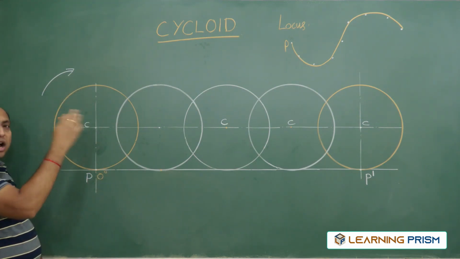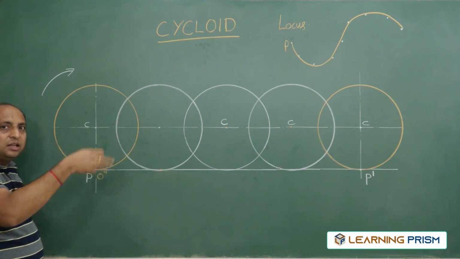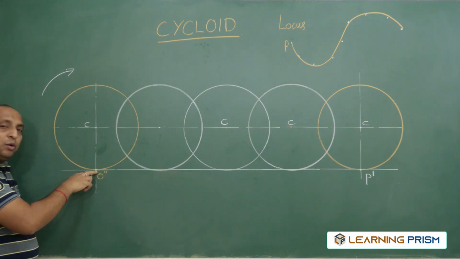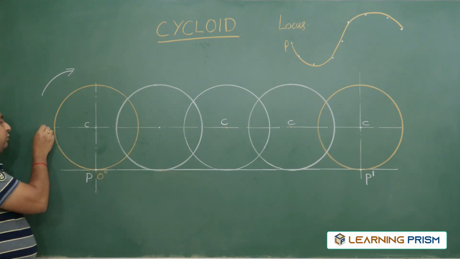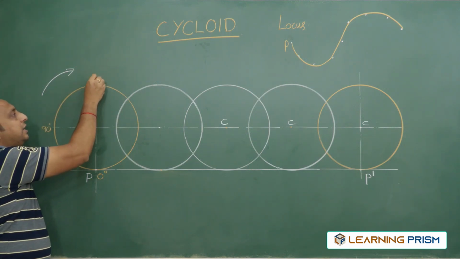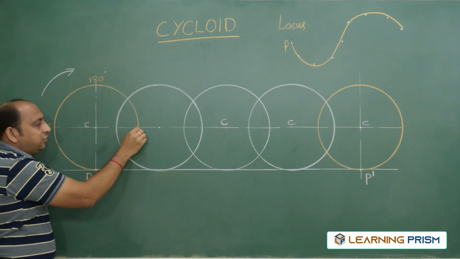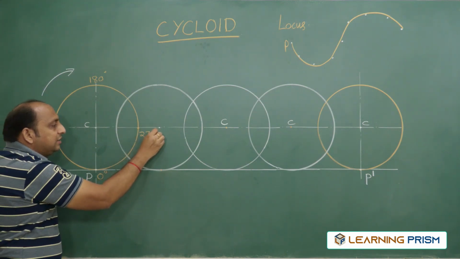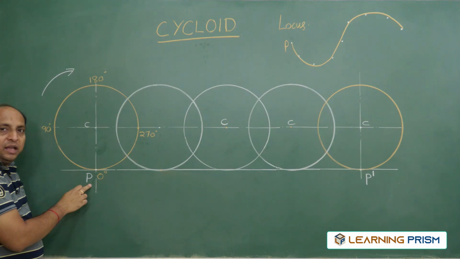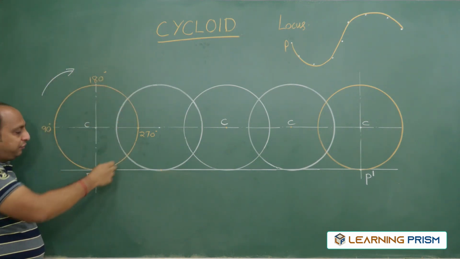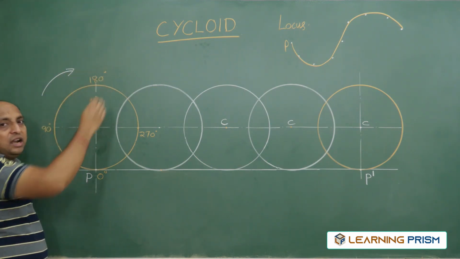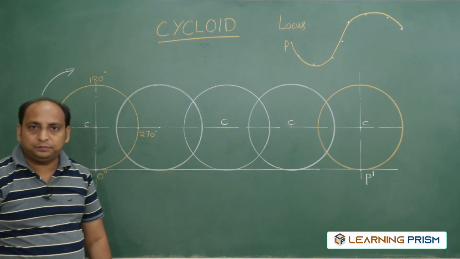So when the circle starts rotating, from here to here, when the point P moves from here to here, this would be 90 degrees. Here to here, this will be 180 degrees. And this would be 270 degrees. And finally, 360 degrees. That means when the point P covers an inclination of 360 degrees, the circle has rotated for 1 revolution.